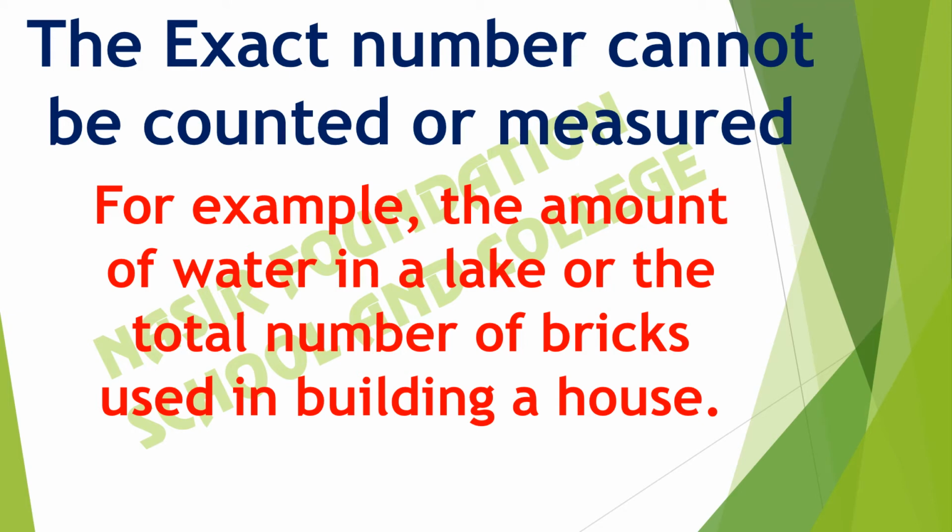The amount of water in a lake, or the total number of bricks used in building a house, cannot be counted. We cannot measure the exact amount of water in a lake, or count the total number of bricks used in building a house. So we use estimation here.